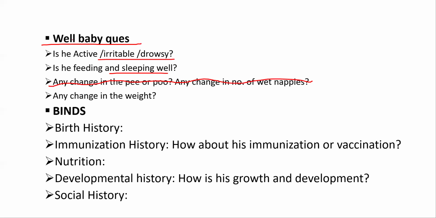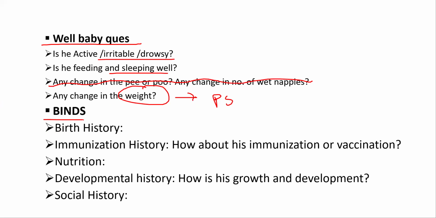Again, some people forget to ask this, so that's why we keep it in the format so that you don't forget. And also we ask any change in his body weight, which is very important to know for some cases. Like in pyloric stenosis, there will be a reduction in gaining body weight. So that's important to know. So the well baby questions are mental status, feeding and sleeping, pee and poo, and then change of weight.